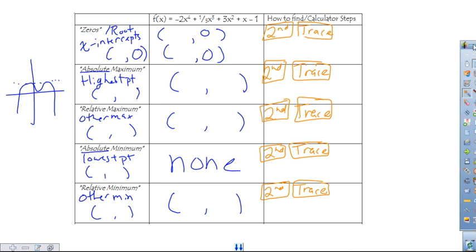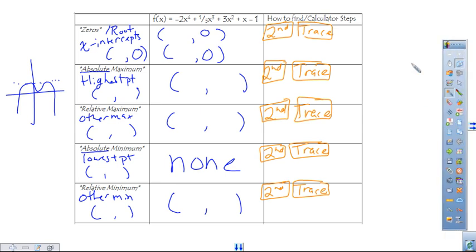Next, if you want to find the zeros, once you hit second trace, it comes up with a list of things, and I hope that you guys can see which ones you got to do. For the zeros, it says 0 on the second option there, so you can hit that second button. For maximums, it is the 4th option, and for minimums, it is the 3rd option.